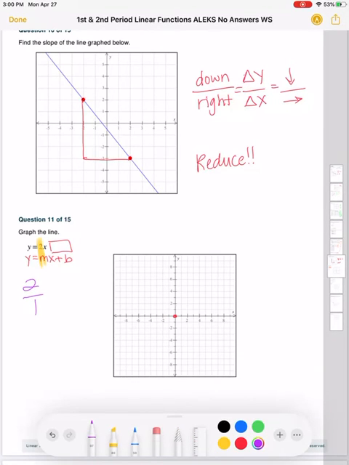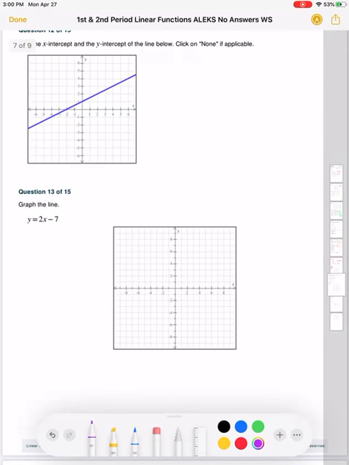And remember, slope is your up and down movement over your left and right. 2 is positive. I'm going to go up. 1 is positive. I'm going to go right. So from here, I'm going to go up 2, right 1. Or I could do a double negative. Down 2, back 1. You need to continue that line. It needs more than 3 points. Draw your line in.